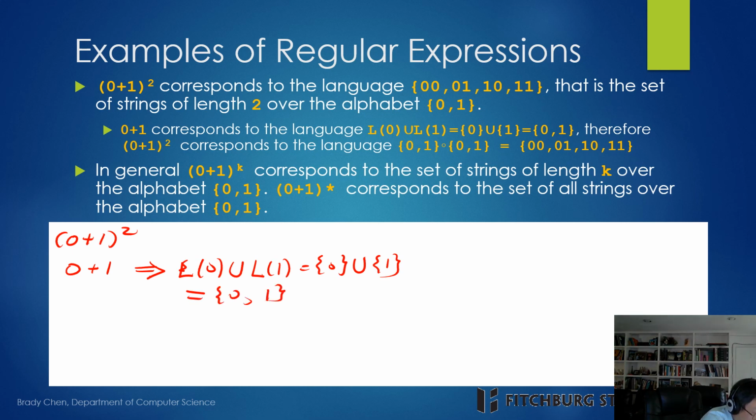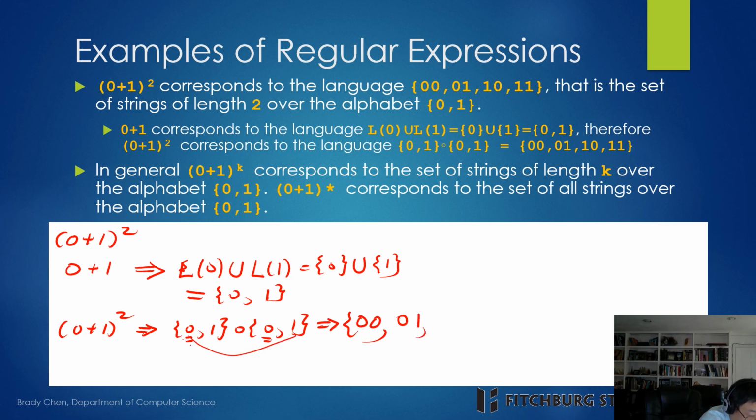Now 0 plus 1 squared is the concatenation of these two regular languages. So you pick one string in the first language and one in the second language.